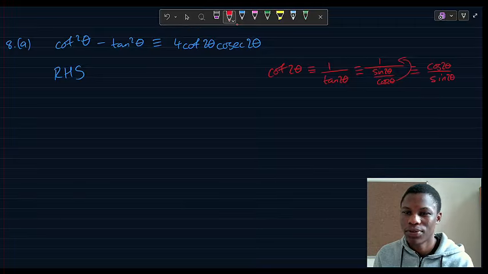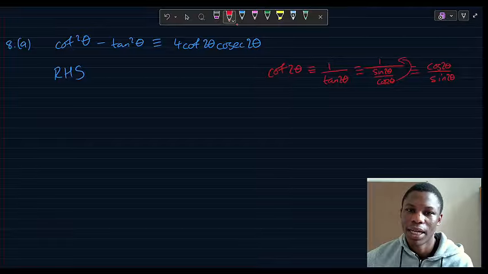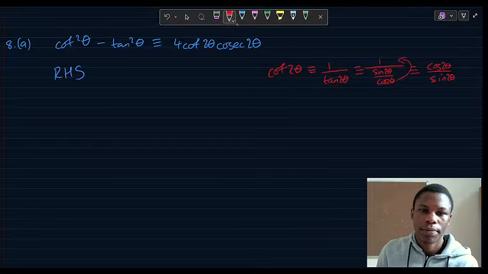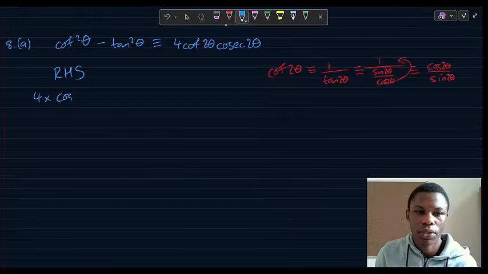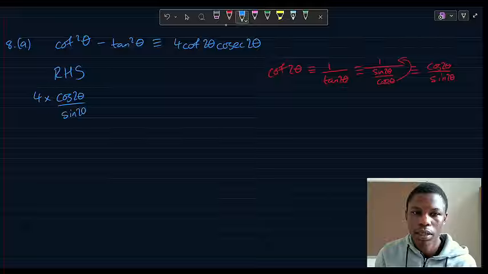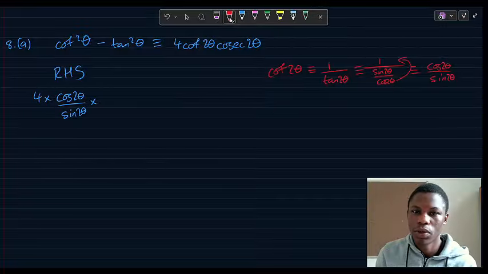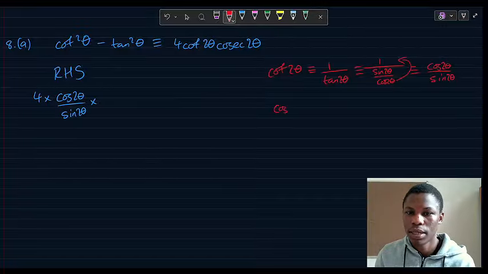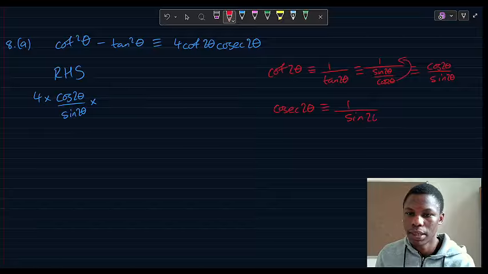Because here I just want to first rewrite everything in terms of cos and sine, and then see what I can do with that. So I've got 4 times cos 2 theta over sine 2 theta multiplied by, I know that my cosec 2 theta is identical to 1 over sine 2 theta.